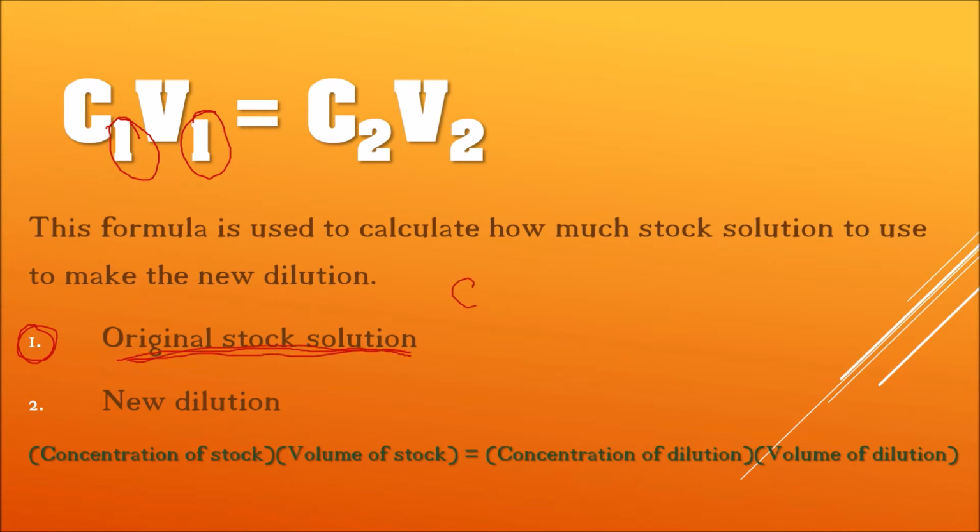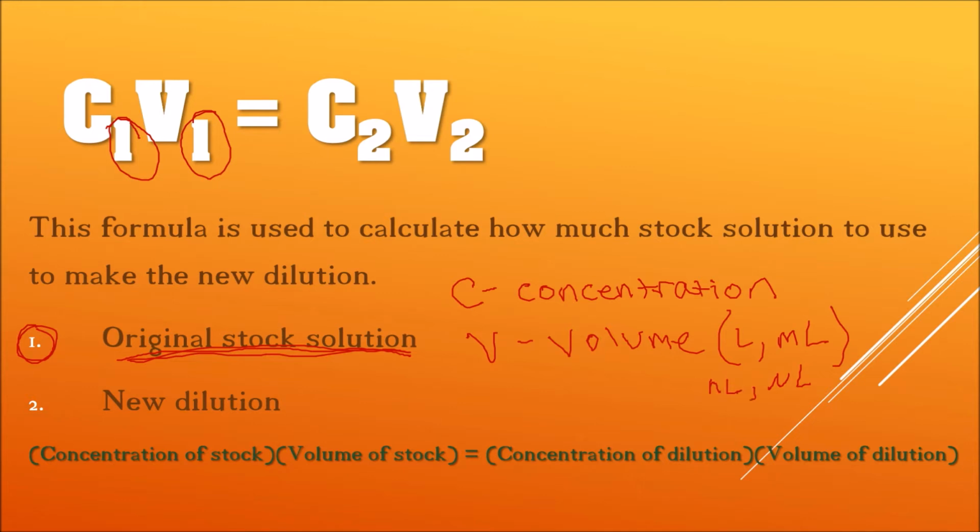So C would be its concentration, and V would be the volume in either liters or milliliters. You could also do microliters, nanoliters, but liters is usually what we use.